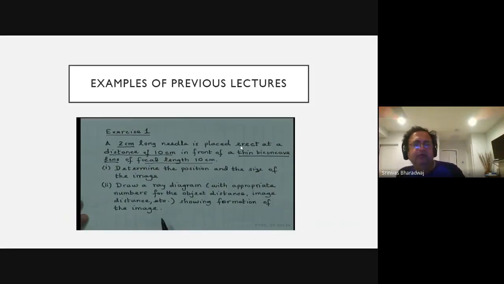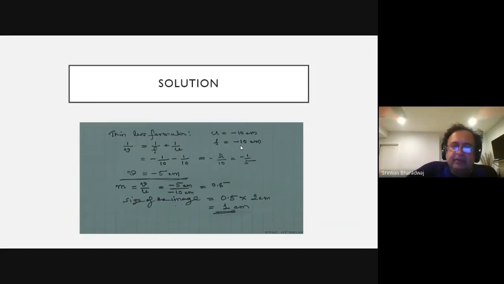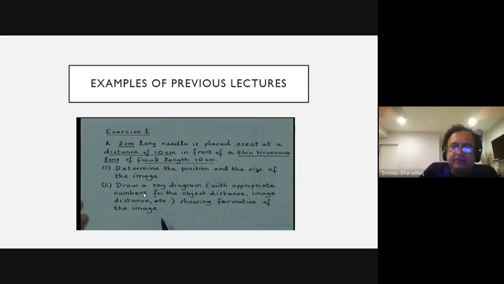It was 2 and the focal length is 10. V by U is 0.1. So the size of the image divided by 0.02 equals 0.1. So V by U is the magnification. Magnification is 0.5.